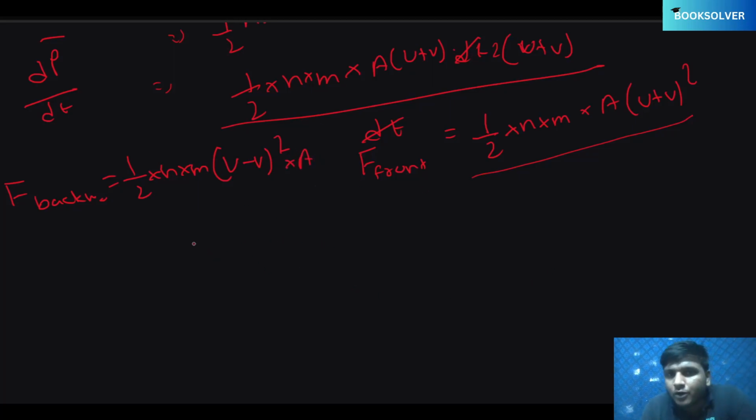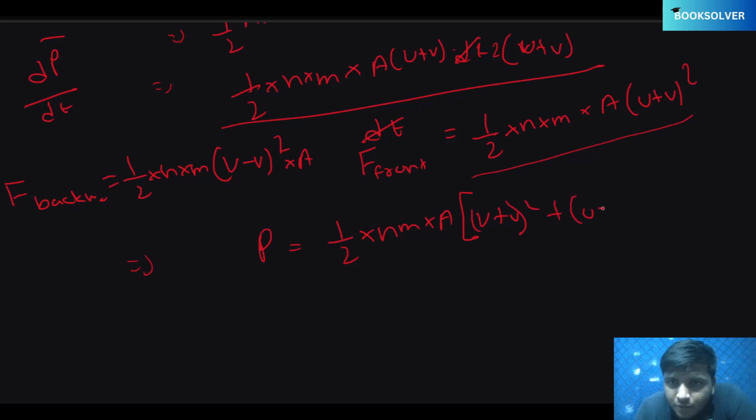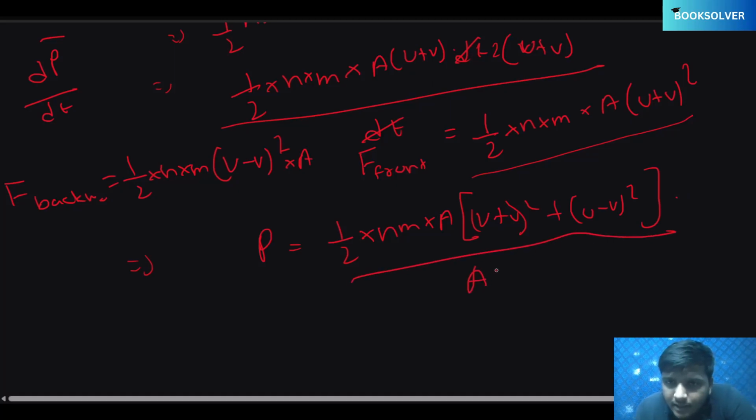Now we want to calculate what is the net pressure here. So pressure will be nothing but force by area. So P will be equal to, if I sum this, half into n m into a, the sum of (u plus v) whole square plus (u minus v) whole square divided by area here.